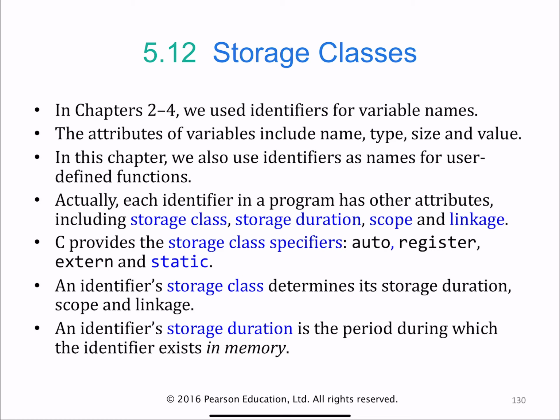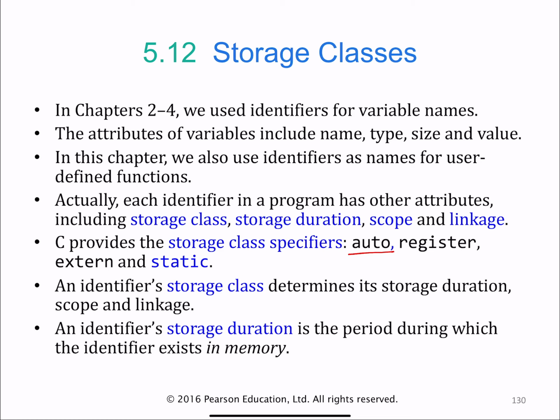So there are four specific storage classes for variables in C. The one we've been using so far is the auto class. You may have noticed this label in the Visual Studio compiler as well in the watch window.